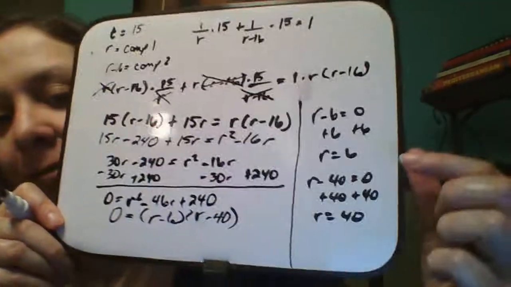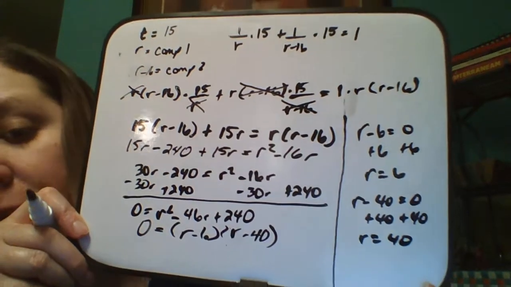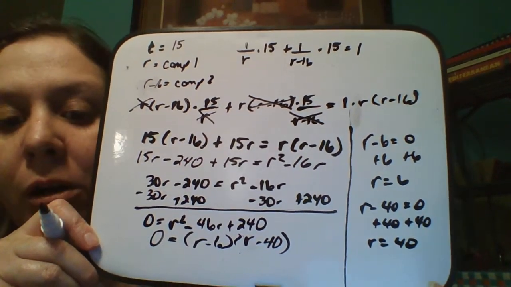So let's do that real quick. Okay, so when I solve that, which I did right over here, I get r minus 6 equals 0, so r equals 6, and r minus 40 equals 0, so r equals 40.